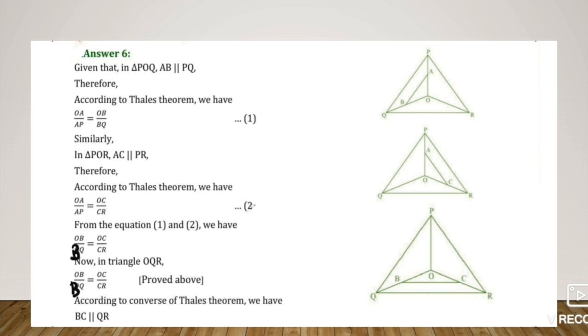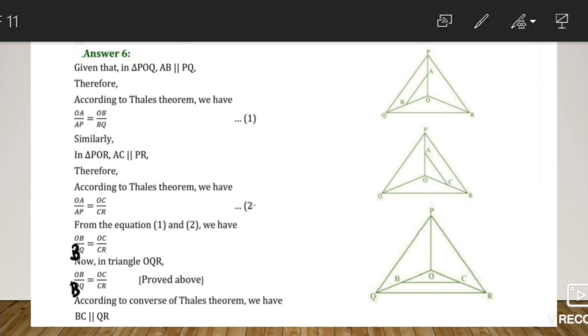So if you consider the triangle POQ, you can say that since AB is parallel to PQ, OA by AP is equal to OB by BQ. That's why I am getting the first equation, OA by AP is equal to OB by BQ.